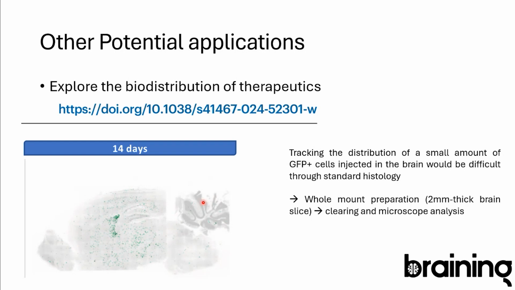Therefore, what we decided to do is leverage the clearing technique. So we just take a plain slice, 2 millimeters thick, we clarify it, and then we analyze the whole mount image, making sure that we can pick up also very rare events.